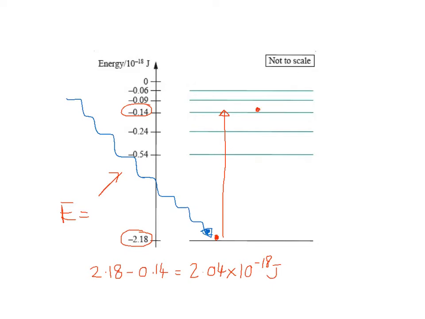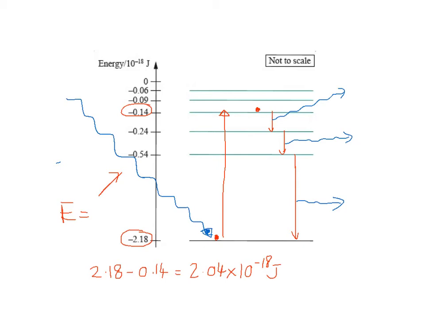When that electron drops back down, you can do it in a different way than dropping back down to the ground state straight away. It could drop down to this level, and then to that level, and then to that level. So we'll calculate the energy of the photons released. Each time the electron drops a level, a photon is released.